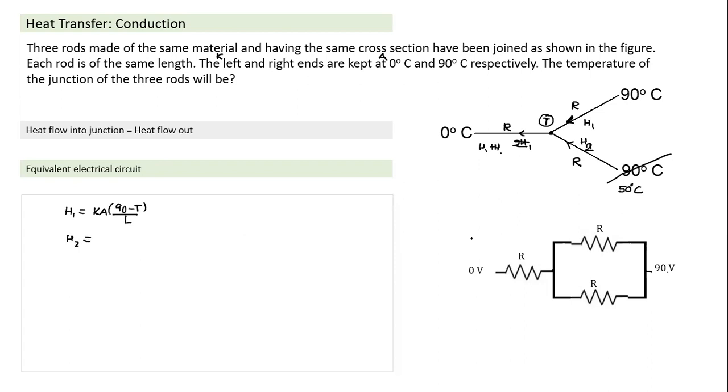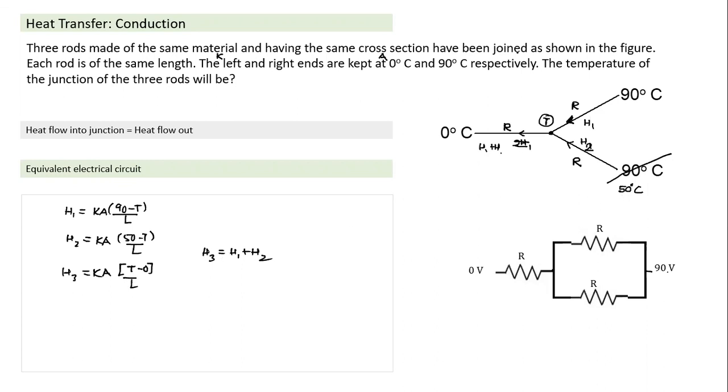Similarly, I could have written H2 if it was 50: H2 would have been Ka into 50 minus T by L. And the heat flow rate H3 through the third rod will be Ka into T minus 0 divided by L, in the direction we are assuming. So tail end first and the head end later. And then I write the equation H3 equals H1 plus H2. So very easy. Any temperature we can solve.